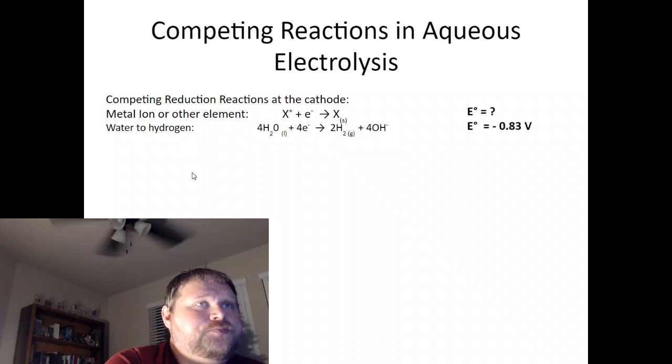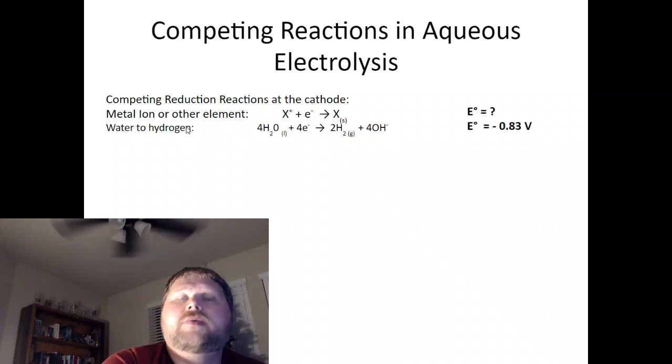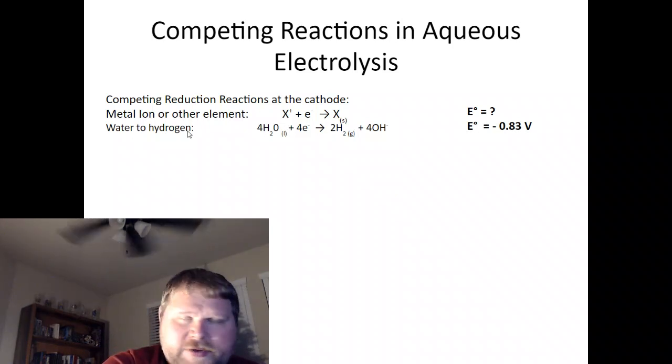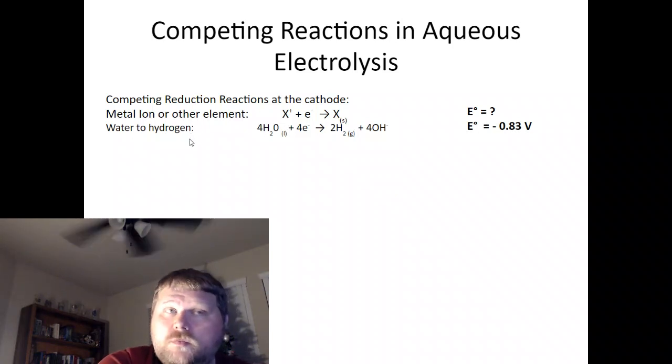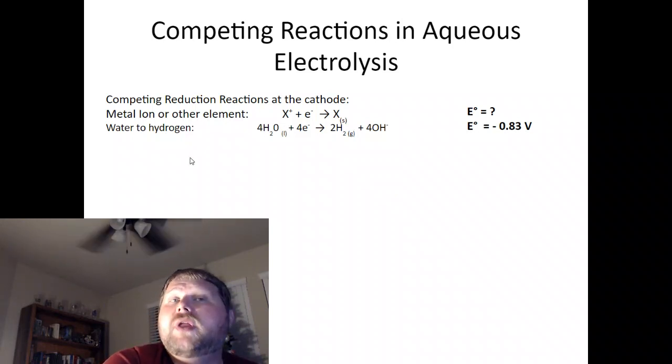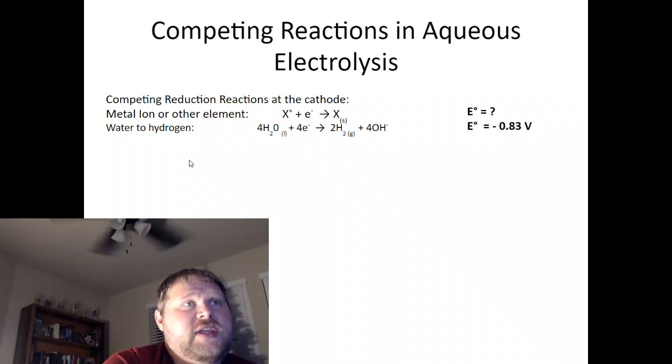We know that at the cathode, we want to reduce the metal ion. Okay, we know what that's going to take. We can look it up in the back in the appendix and see what the reduction potential is. But if it's too negative, then we run the risk of the water reduction to make hydrogen gas being more favorable than that metal reduction.